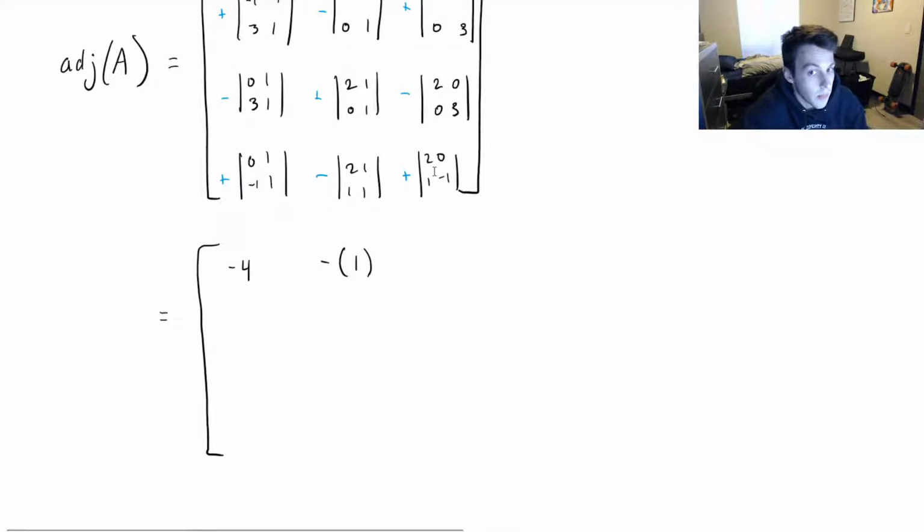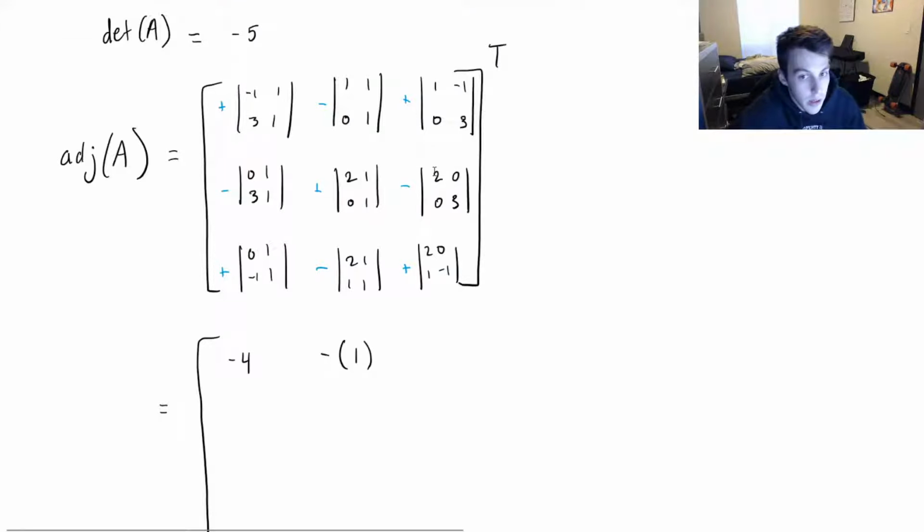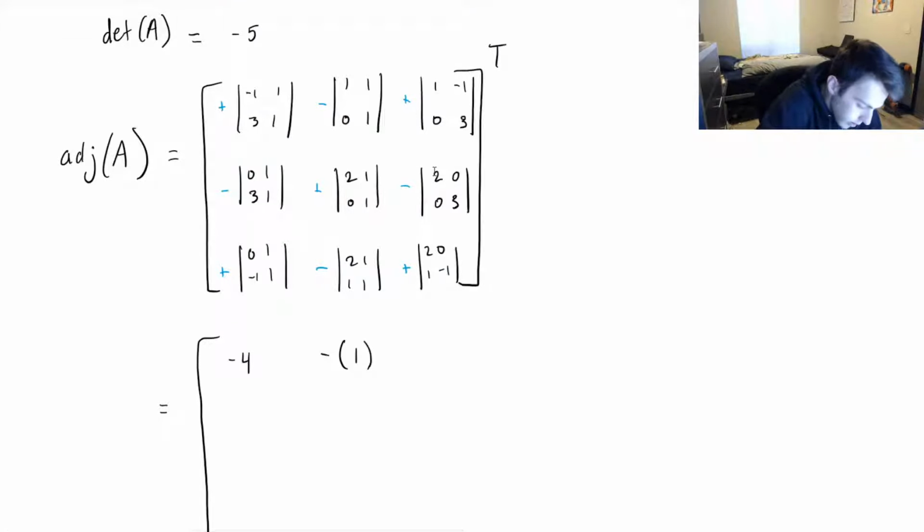In our upper right, we have 3, so this is 3 minus 0. Now, working down, we have negative. This is 0 minus 3. We've got 2. We have minus 6. This will be 0 minus -1, so this will be positive 1.